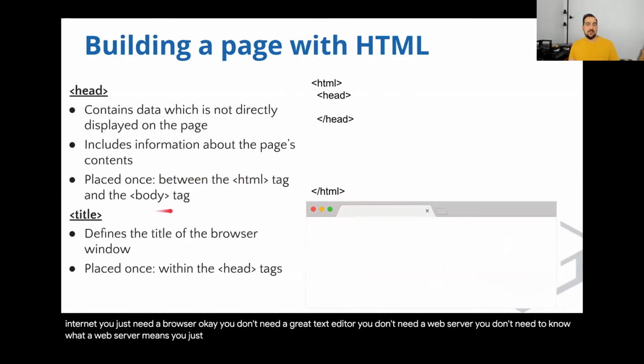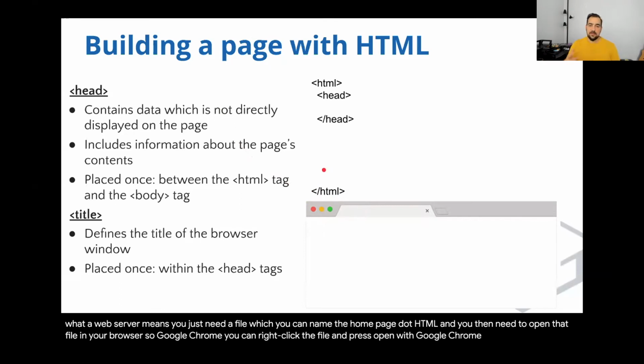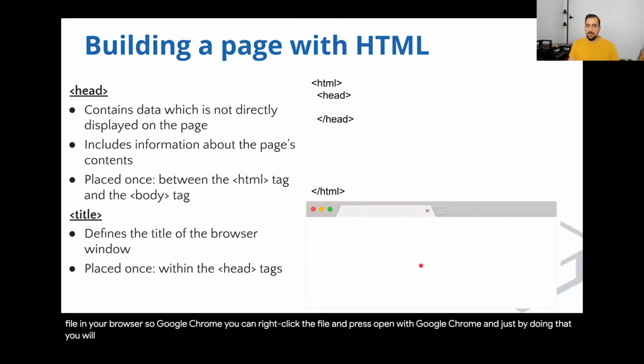You just need a file which you can name homepage.html, and you then need to open that file in your browser, so Google Chrome. You can right-click the file and press open with Google Chrome. And just by doing that, you will see your web page.